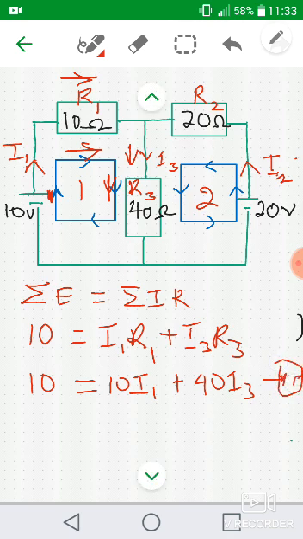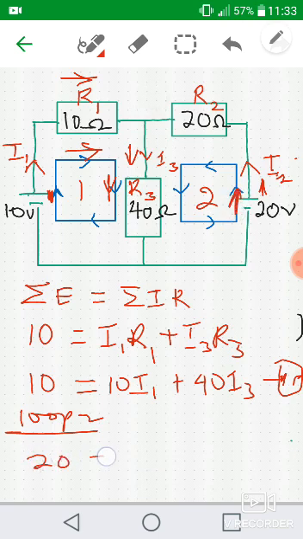Then the third equation should be for loop 2. The other one was loop 1. For loop 2, the 20 volt EMF is positive since it is upwards, and the loop is also upwards.